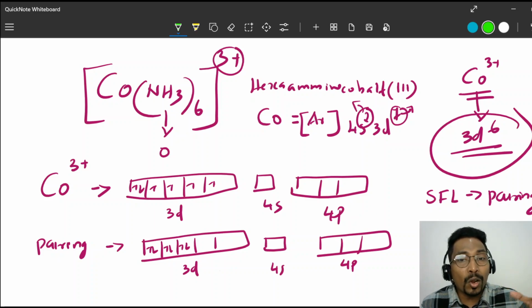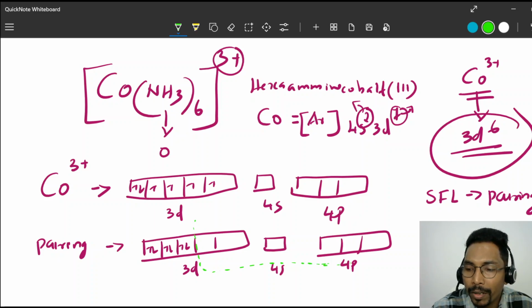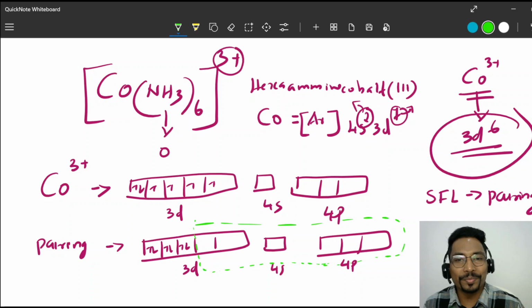Different orbitals intermix to form a set of new degenerate orbitals. So mark the orbitals which are going to hybridize: these 2 orbitals, this 1 orbital and these 3 orbitals.